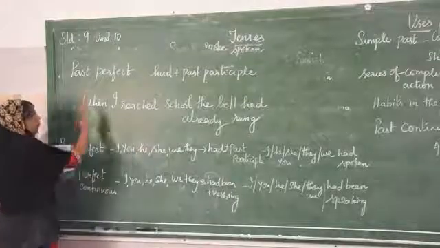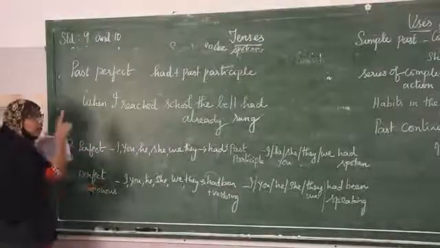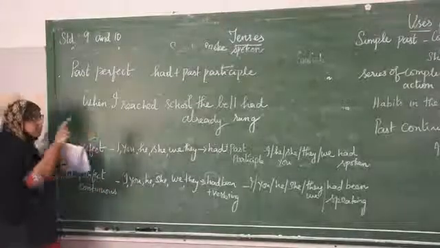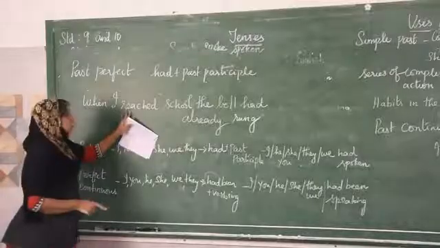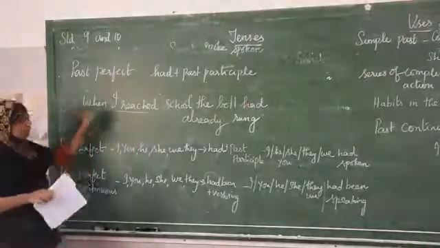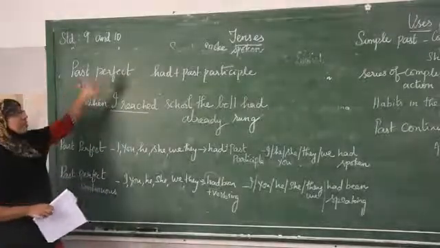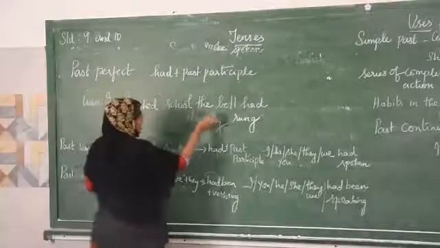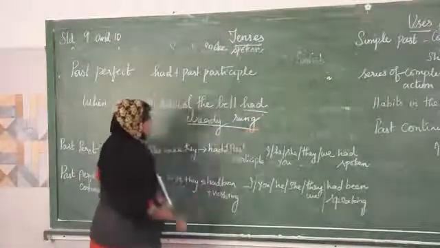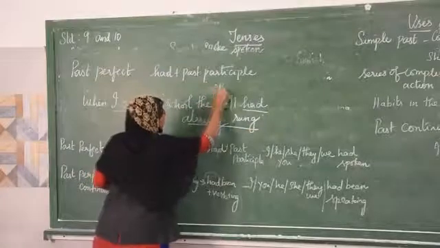Now, I told you that past perfect tense refers to an action which had taken place earlier in the past, before the second action took place. Now, which is the second action here? This one. Here it refers to both the things that are happening in the past, but it refers to an action which has taken place earlier. So, which action takes place earlier here? Had already rung. So, here this is past perfect tense.